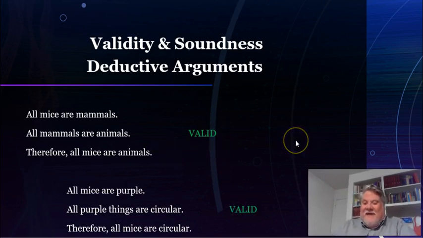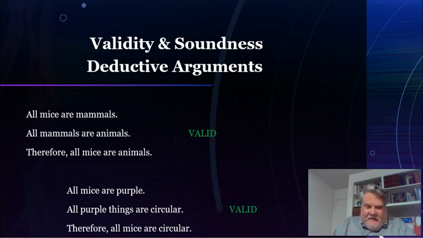Well, if you said valid, you are correct. And if you said invalid, don't worry about it because there is something very wrong here. Your instincts might have told you, hey, there's something amiss here, and so you thought maybe it was invalid. Well, there is something wrong. What's wrong is not the structure. The structure's fine.